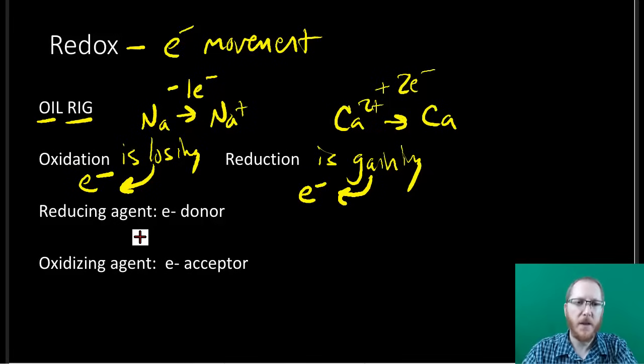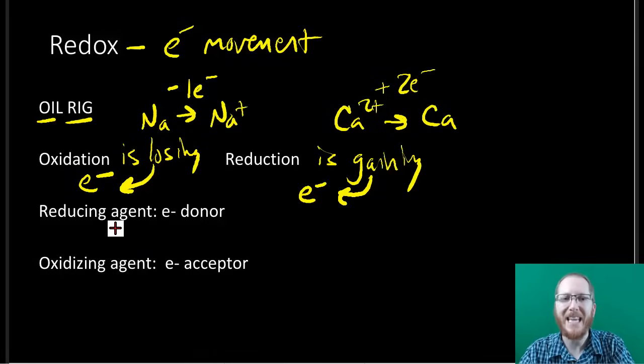And then you might see these other terminologies where they say reducing agent or oxidizing agent. Because we're not saying you're being reduced, but you're allowing something else to be reduced, it's actually going to be the opposite. So reduction's gaining electrons, but a reducing agent donates electrons. It loses electrons, which allows somebody else to be reduced.